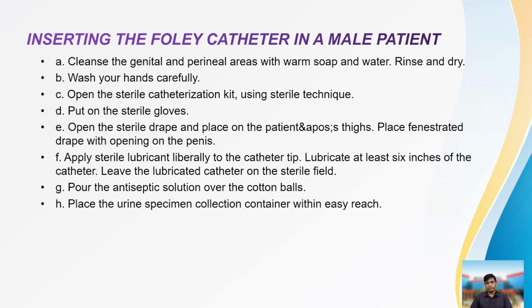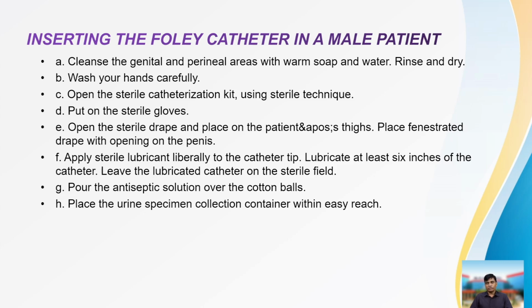Then wash your hands carefully before going to the procedure. Then open the sterile catheterization kit using sterile technique. Next, put on the sterile gloves. Open the sterile drapes and place them on the patient's abdomen and thighs.